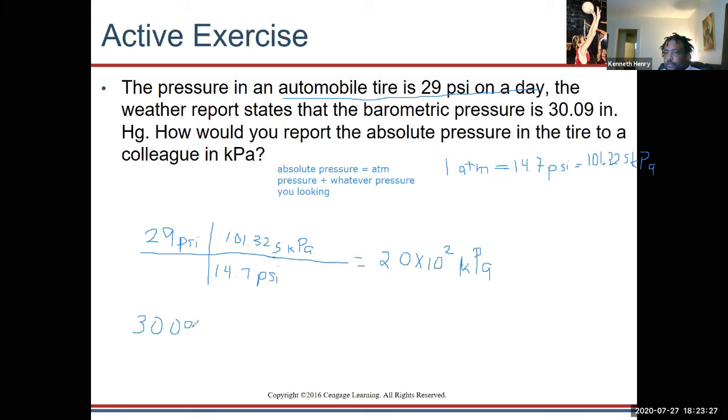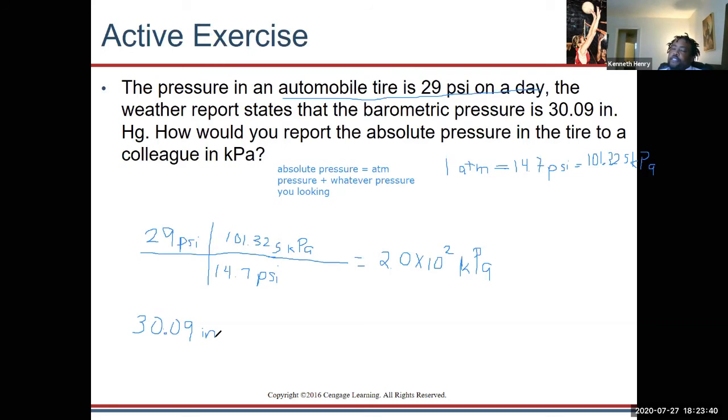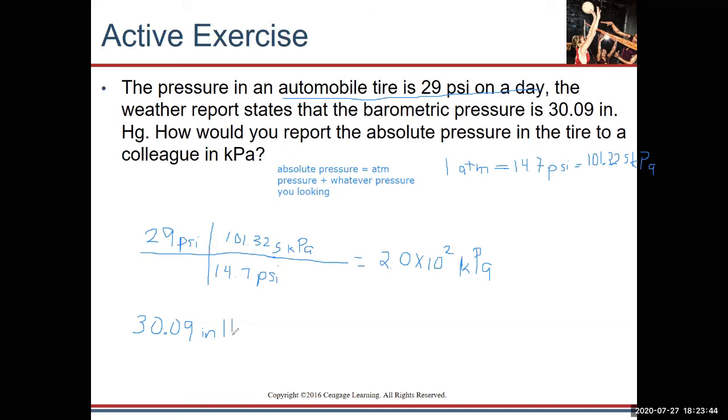How many atm equals inches of mercury? 760 millimeters of mercury. Not millimeters, I'm sorry, inches of mercury. Oh, sorry, it's my fault. 29.92.